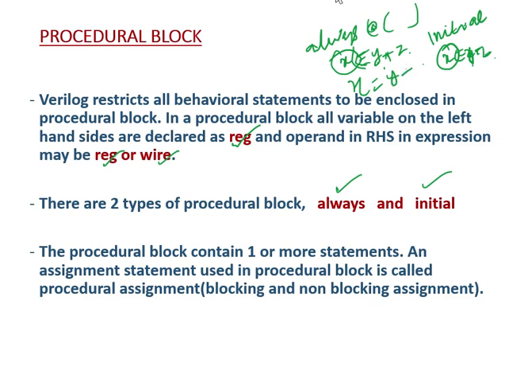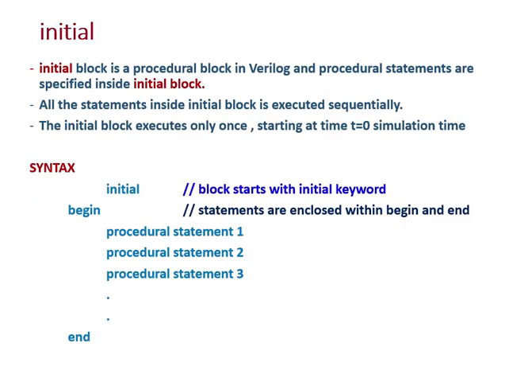Inside always or inside initial block, this non-blocking or this blocking statement, all these are called procedural assignments because they are inside the procedural block. So it can be blocking or non-blocking. So this is the initial.